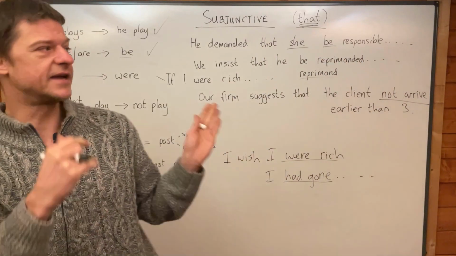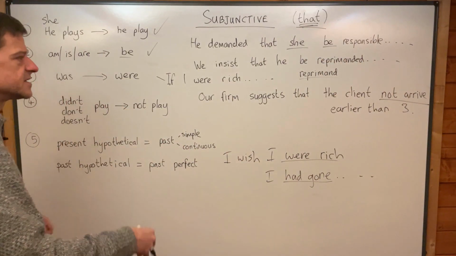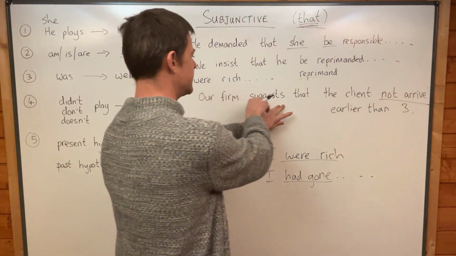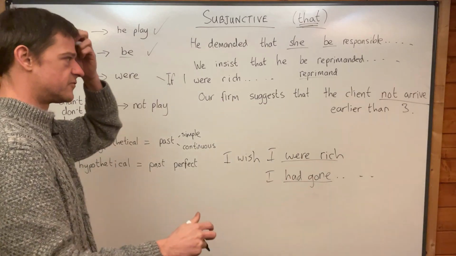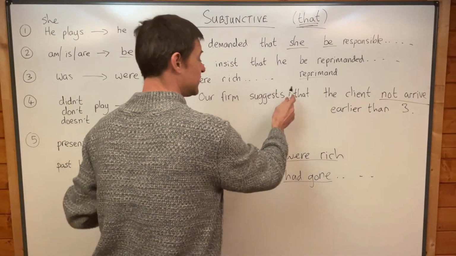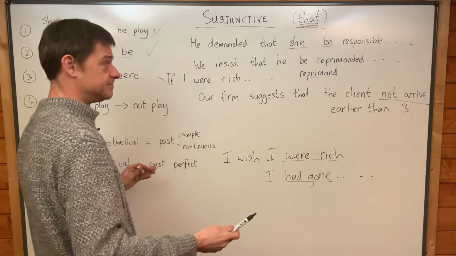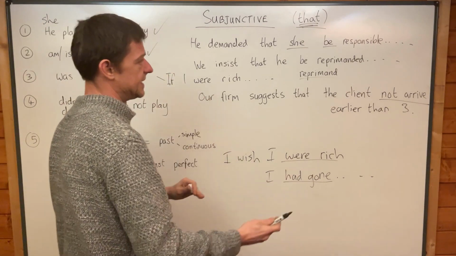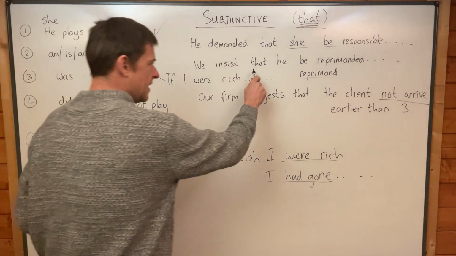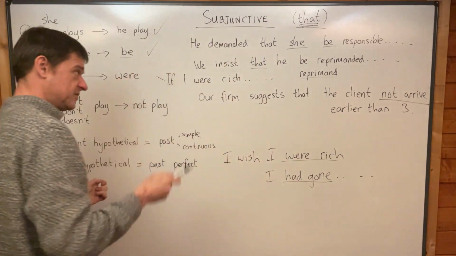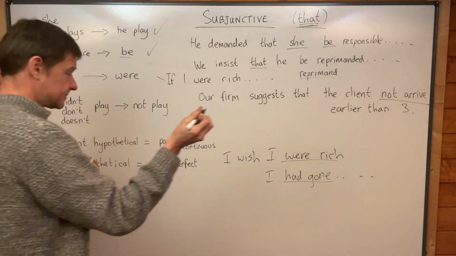It's not the client doesn't arrive, the client didn't arrive, you know, because it might be our firm suggested that the client not arrive earlier than 3. We insist that the buyer not pay the bill until, and so it's this, we demand that, we insist that, we suggest that.